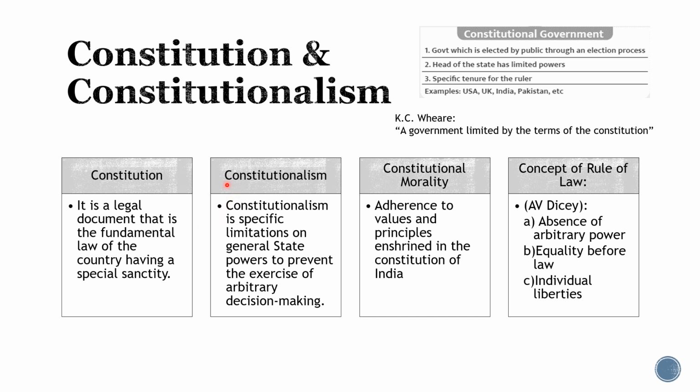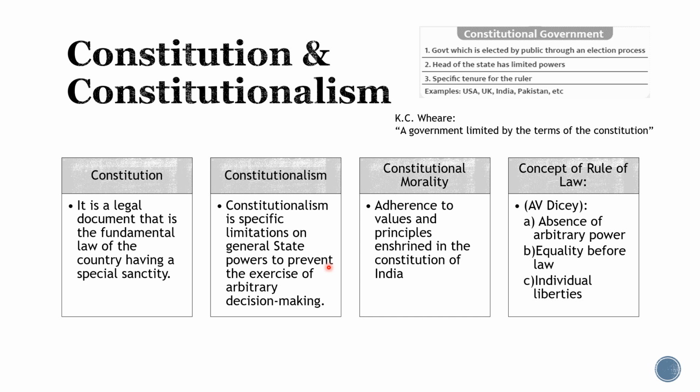But constitutionalism is basically limitations on the general state powers. It prevents the exercise of arbitrary power, and we discussed in the functions also that the job of a good constitution is to set boundaries on the powers of the political institutions.